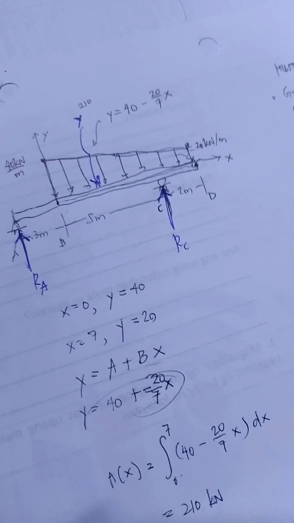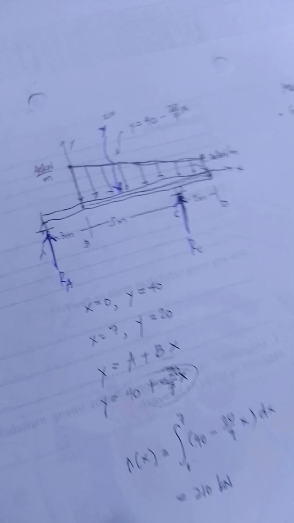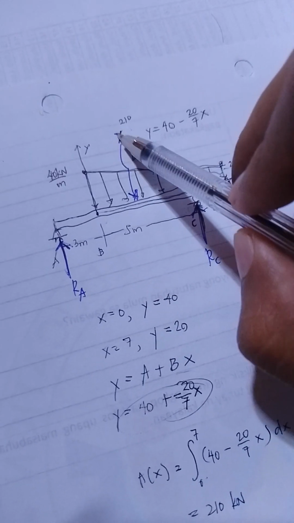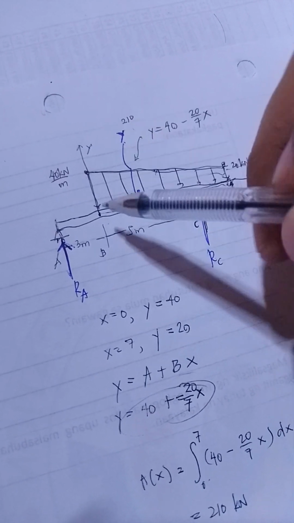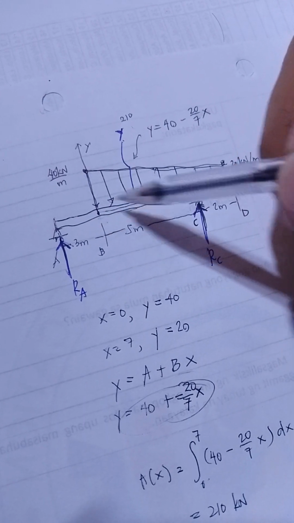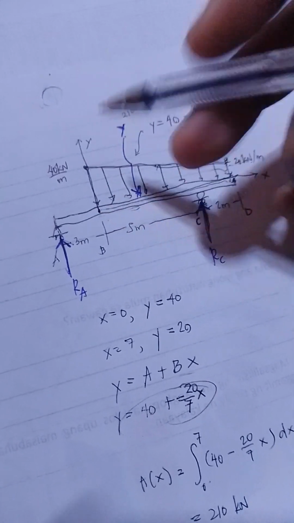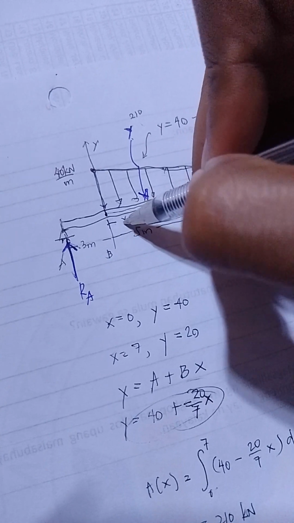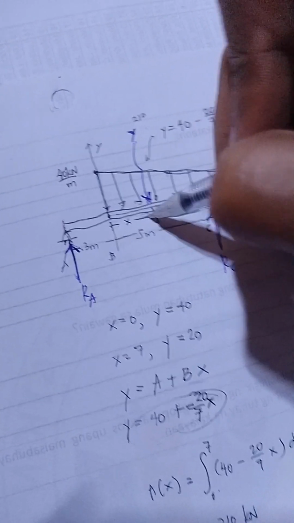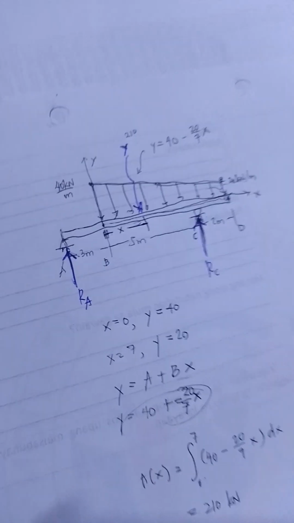Now, how about its moment arm? The location of this 210 with respect to this origin, we can locate by an x value.